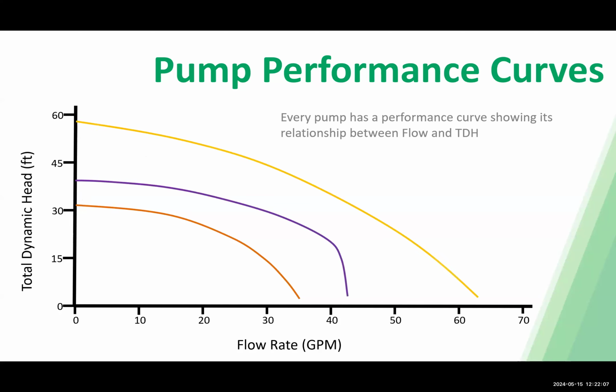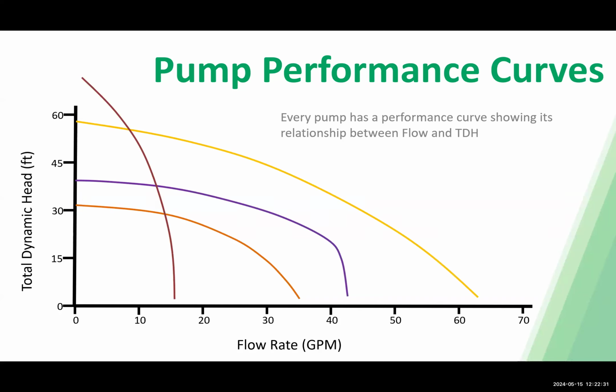And then there are various types of pump performance curves that you'll see. The purple performance curve on here sort of has a knee. At that knee where that bend happens, that's actually where the maximum amperage point is for that pump. And then you have pumps that have a lot more flow and a lot more pressure capability.